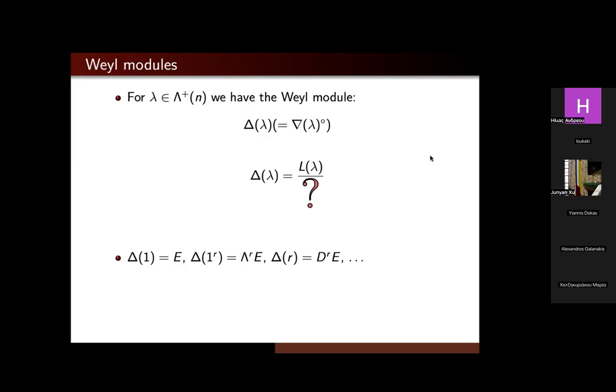So Weyl and induced models don't see the difference. When you go to the partition r, it's the first time that you'll see an easy example with some difference. Beforehand, we had that nabla of r is the r-th symmetric power of the natural model. Here, delta of r is the r-th divided power of this model, where, and it makes total sense, the divided power is the dual of the symmetric power and vice versa.